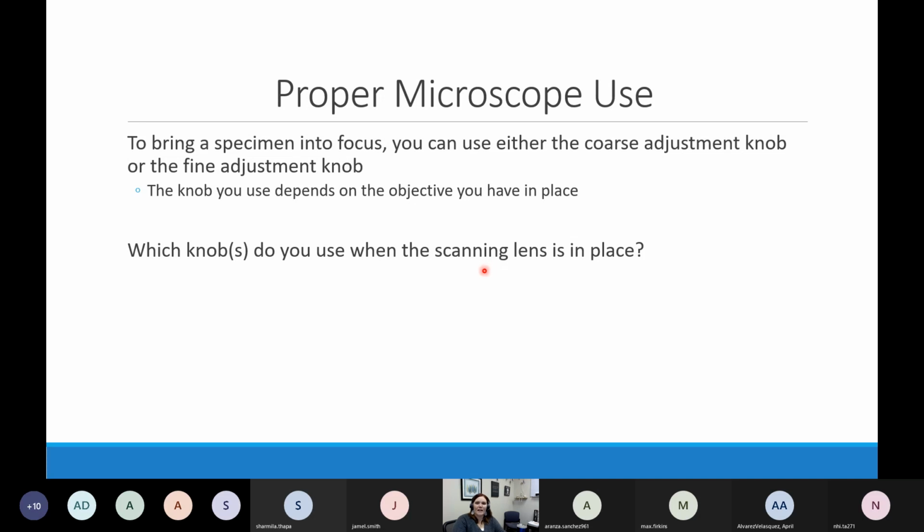Yeah, so the scanning lens is the red one. It's the smallest one. It only magnifies things 4 times. When I have the red one down, can I use coarse, fine, or both adjustment knobs?